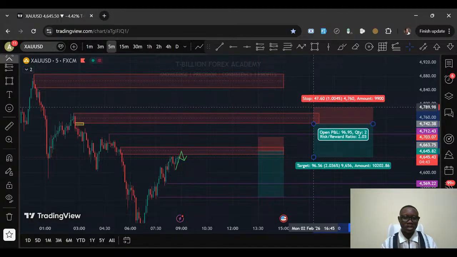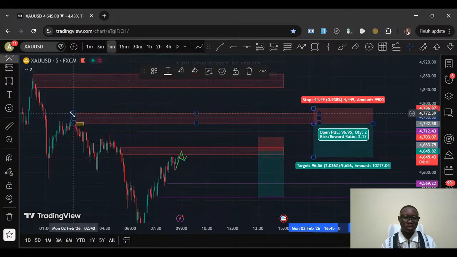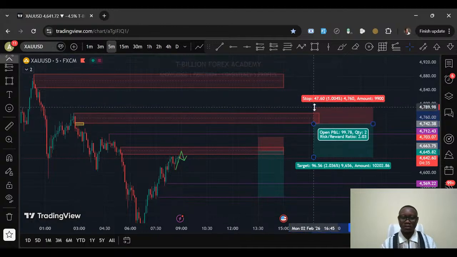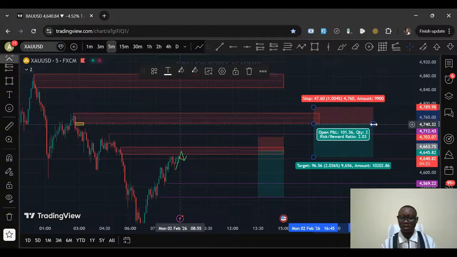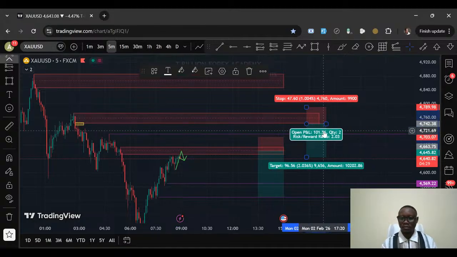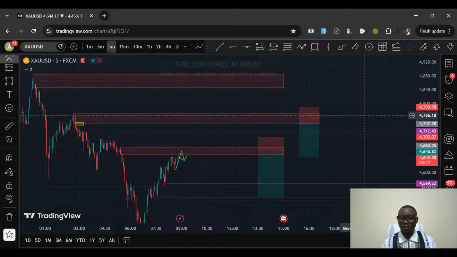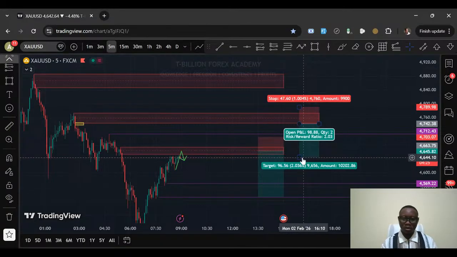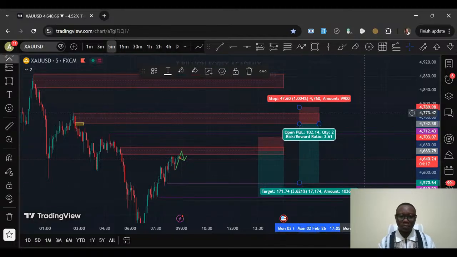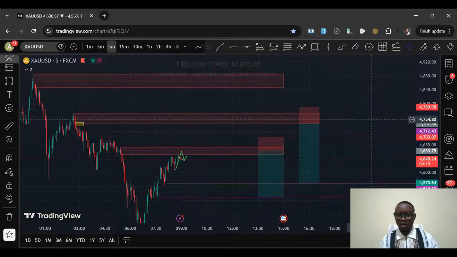My SL will be slightly above this swing level, look to the left. Okay, then my TP would be right here. Yeah, my TP will be right there.